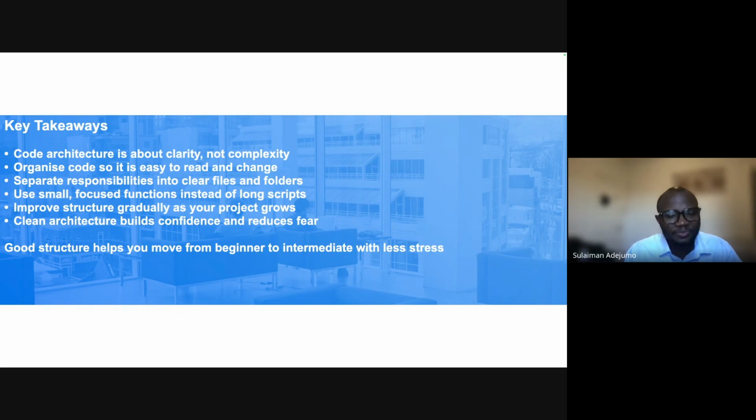When your code is organized, it becomes easier to read and easier to change. You spend less time searching for things and less time worrying about breaking something. Separating responsibilities into clear files and folders also helps your project stay manageable as it grows.